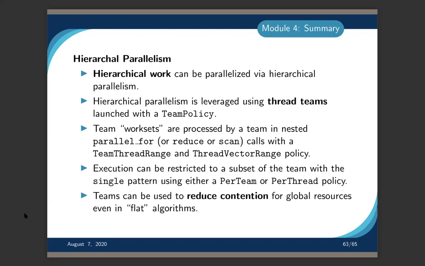You can restrict execution inside of these teams via a single pattern using a per team or per thread policy. That is necessary because you have a lot of redundant execution going on. And you can use teams to reduce contention for global resources.